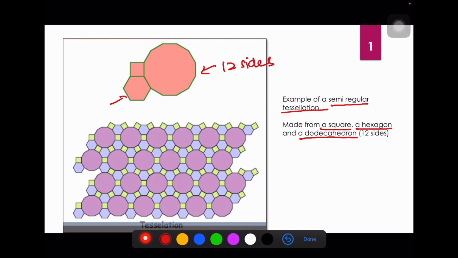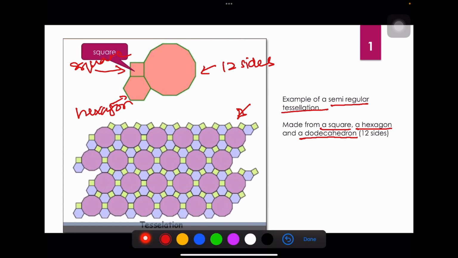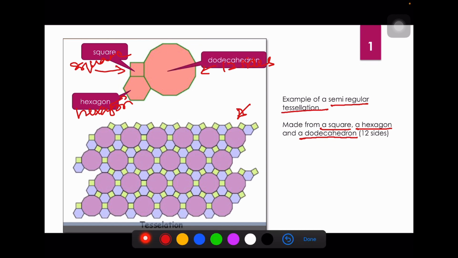Okay, and then you have the hexagon, and then you have the square. So when you put all this together, it forms this pattern, which is lovely. Okay, that's number one. That's the square, that's the hexagon, and that's the dodecagon.